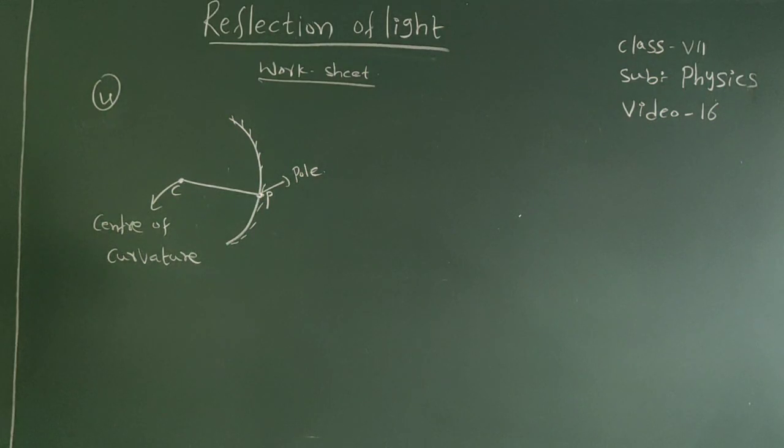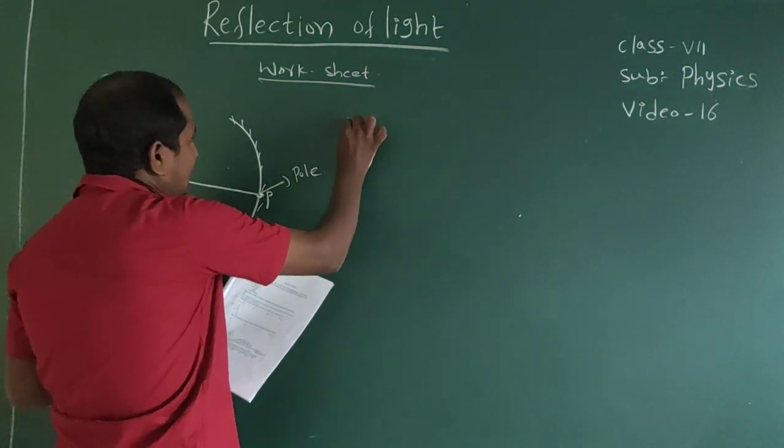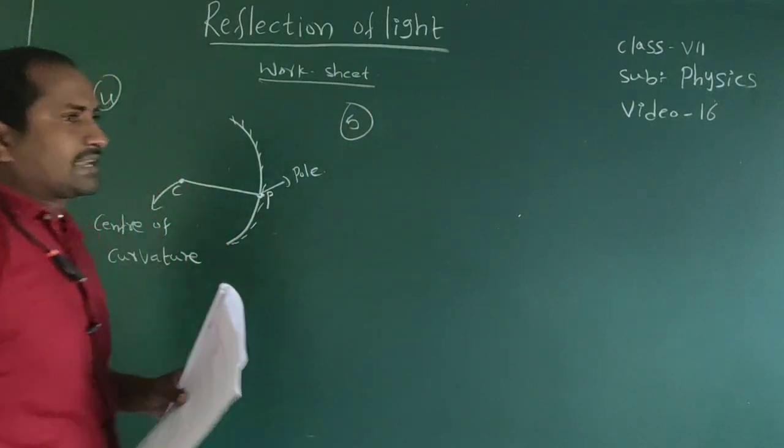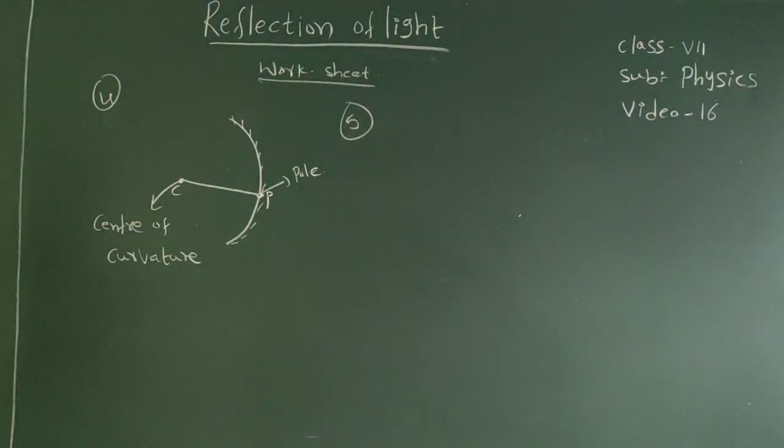Next, fifth one. The relation between focal length and the radius of curvature of a spherical mirror is. So what is the relation between the focal length and the radius of curvature?